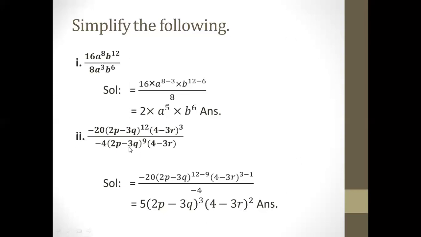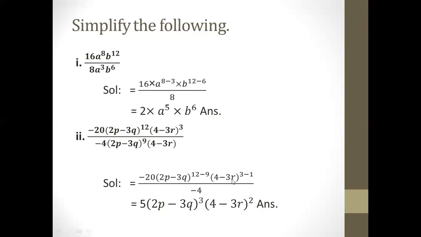Then again we will use the same property, and minus 20 times 2p minus 3q. Now 12 minus 9, subtract the exponent, right? And here 4 minus 3r with power 3, and here in denominator we have 4 minus 3r with power 1. You can see there is no power here. We will consider it as 1, right?